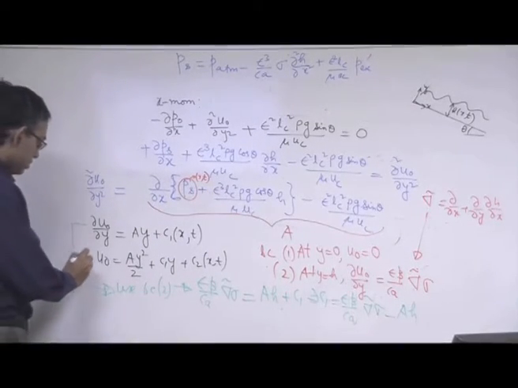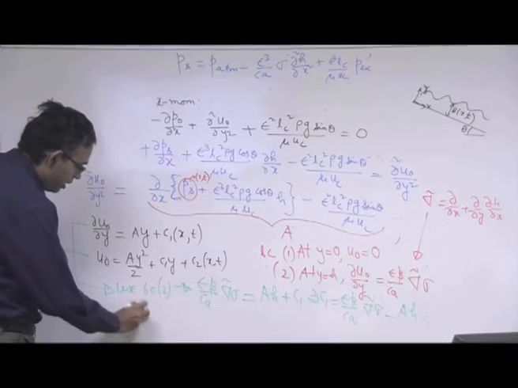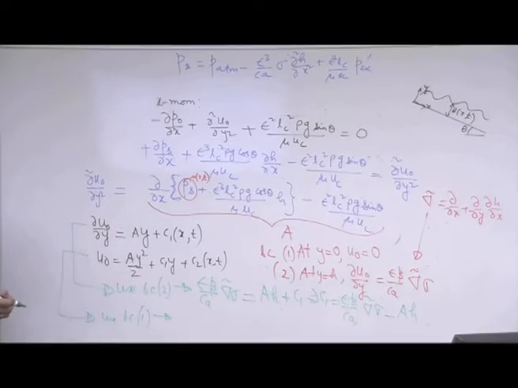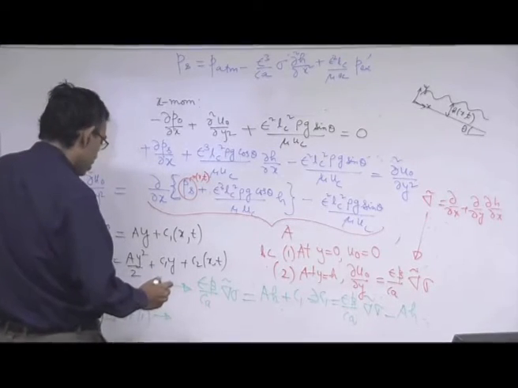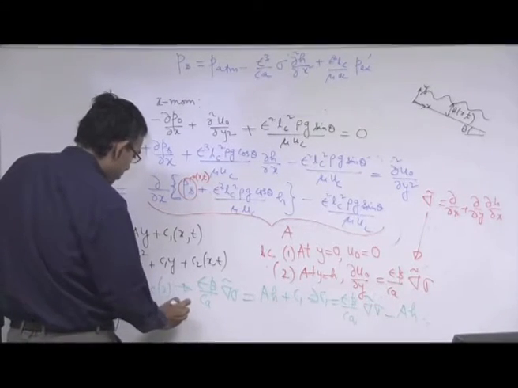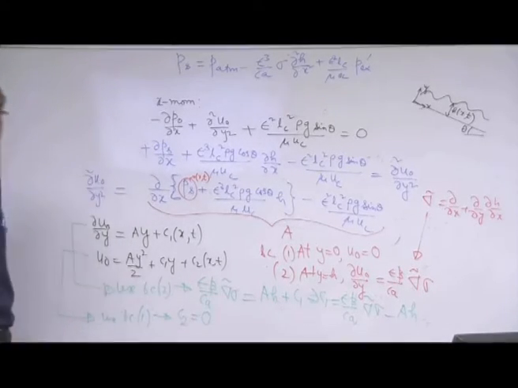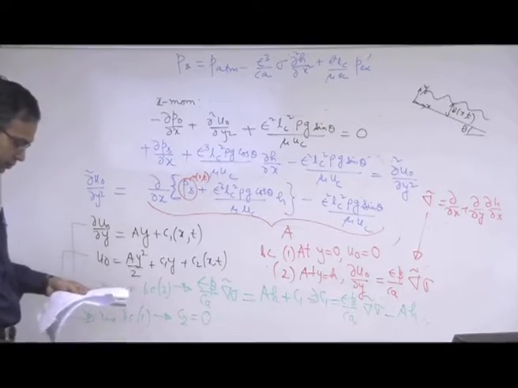Then for this one use boundary condition number 1. At y equal to 0, u0 equal to 0, that means C2 is equal to 0. So we have got C1 and C2. So we can write a compact expression for u naught, which I will write in a moment.